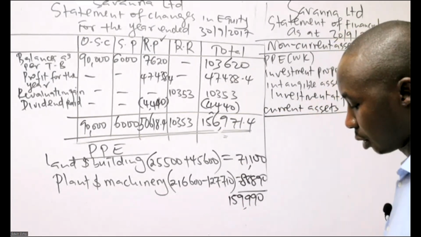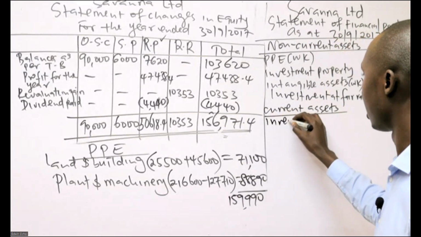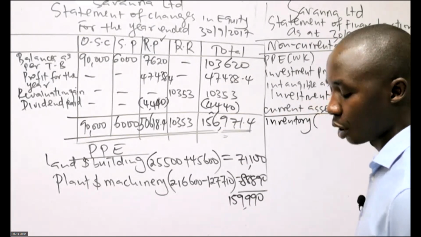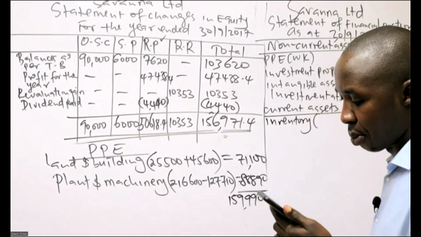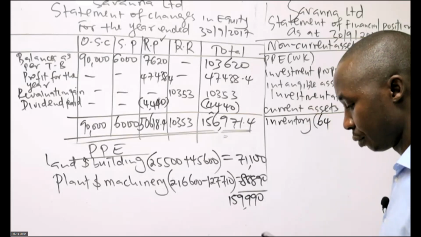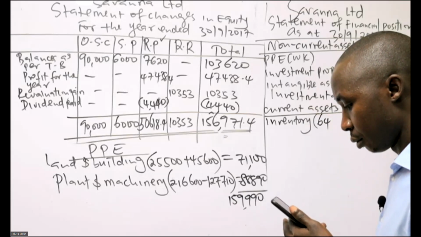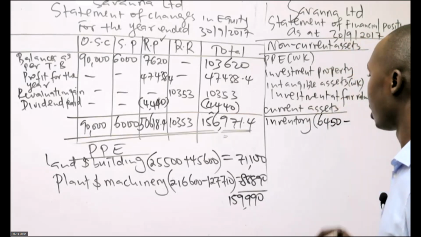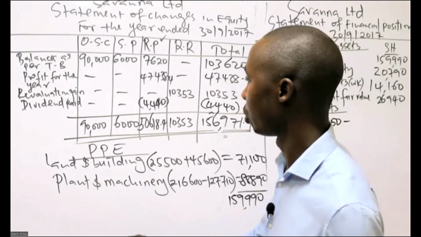So for the current assets, inventory, our closing inventory according to the trial balance was 2,340.64, 64.50 inventory. Then there was that stock which was sold.